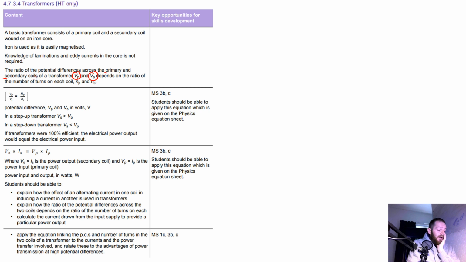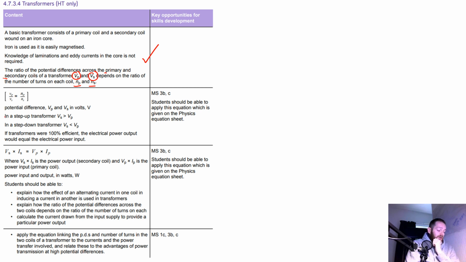It depends on the ratio of the number of turns on each coil, and we've got NP and NS. So N for number of turns, P on the primary coil, S on the secondary coil. These VP, VS, NP and NS are going to form part of the equation that we're using later on, or one of them at least. Okay, so that's the first portion done.